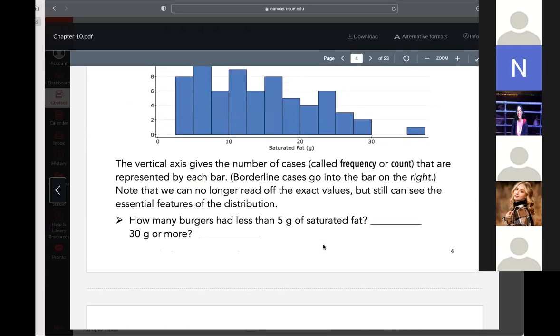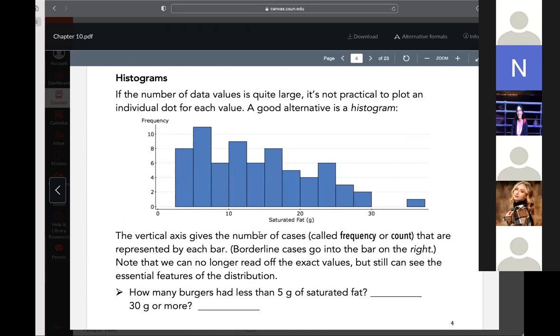Now, what percent of those 69 burgers go in the first category? How would I compute that? How do I compute the proportion that falls in each bar? 8 divided by 69.